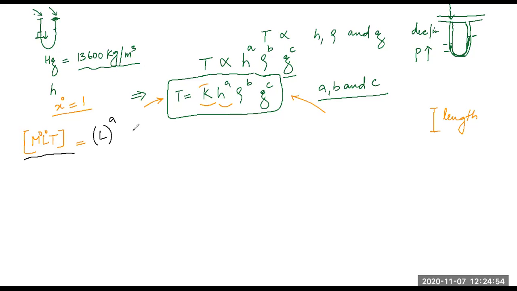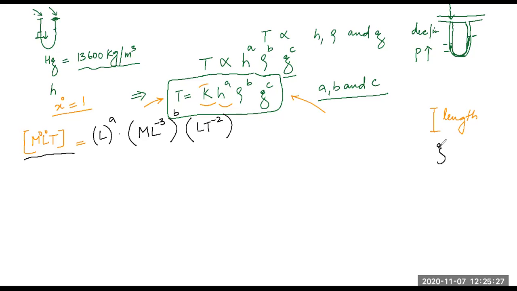Then next, density. Yes, Ajinder. No, density is mass by volume. M will come, L minus 3 whole raised to power B. What is the unit of G, Jasmine?